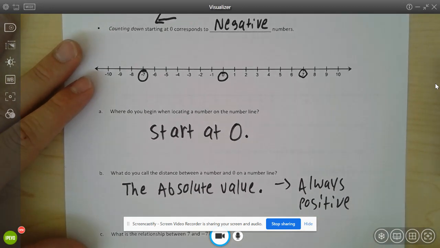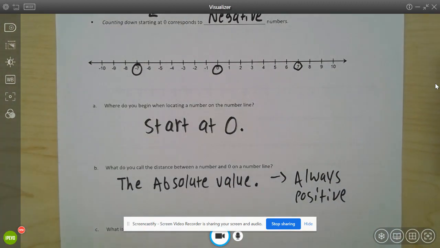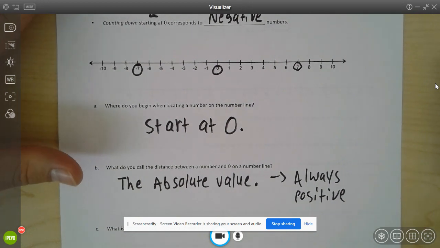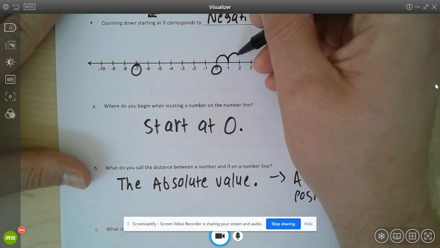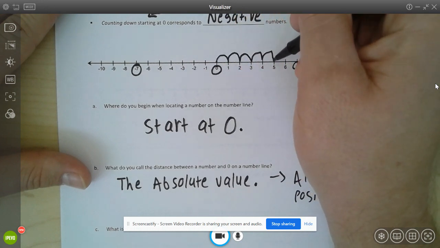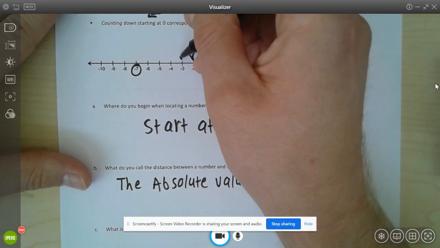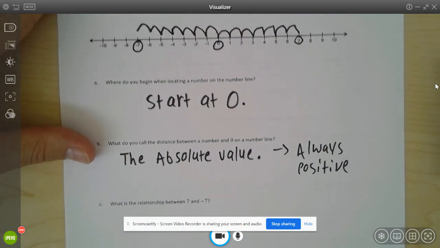Well, let's look at our number line here. I've already located 7 and negative 7. We need to talk about the relationships. Well, one thing I noticed right away is these numbers, if I count from 0, they are the same distance from 0, right?